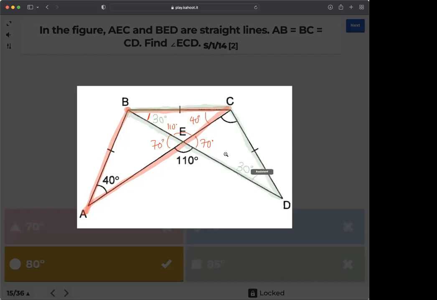So you know that these two are 70 and 30. Can you find the remainder? Okay, so you can find the remainder. This will be 80 degrees and the answer is 80. So the students that got this wrong, do you understand now? Or do you want me to explain in even more detail, like what's the reasoning, how I get all the angles?